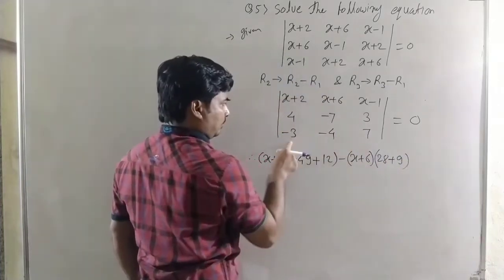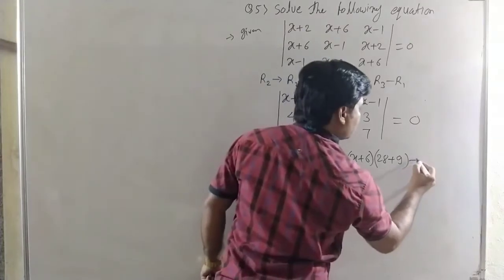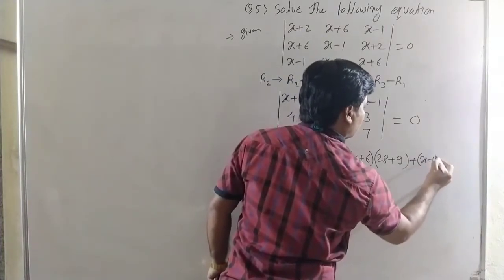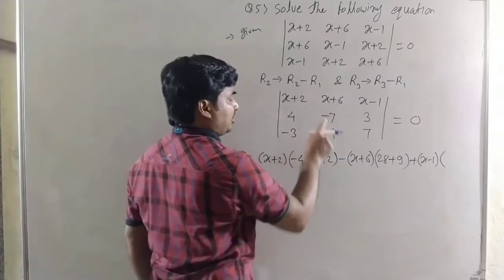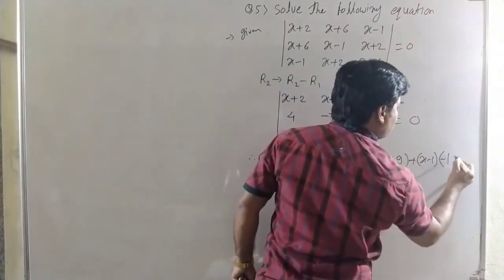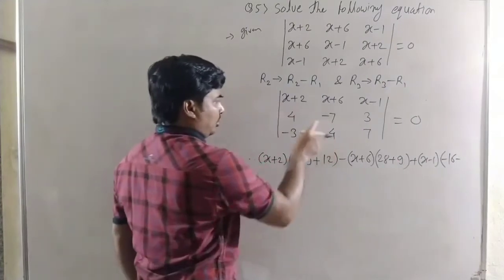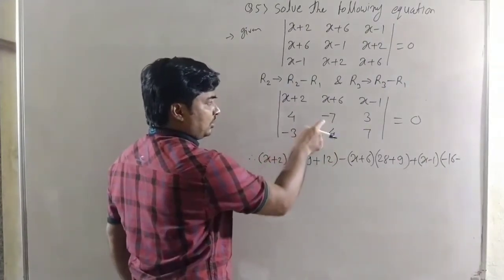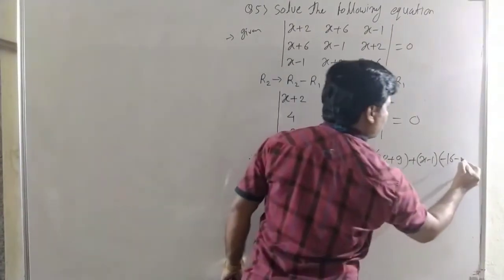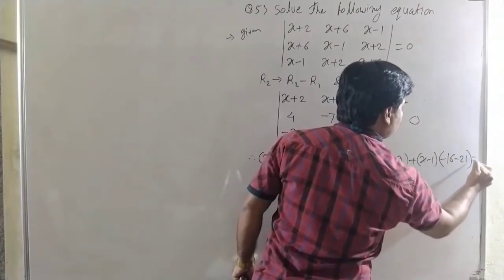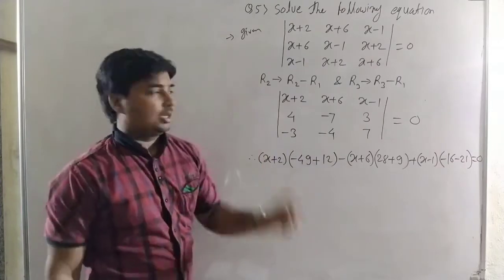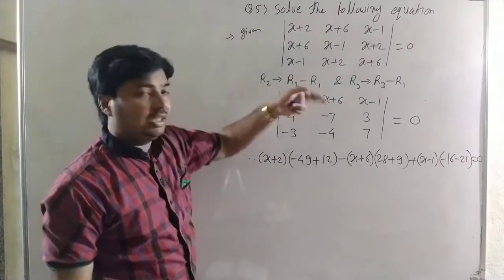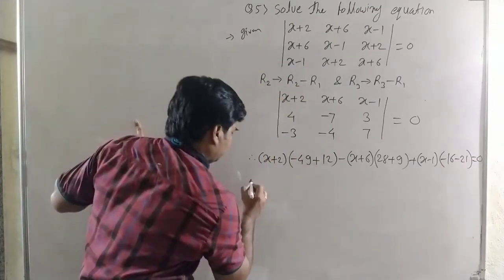Then plus x minus 1 into minus 16 minus the product of these two terms, which is plus 21, so minus 21, and it is equal to 0. Here is the expansion of the determinant: first we use the property and then expand it.